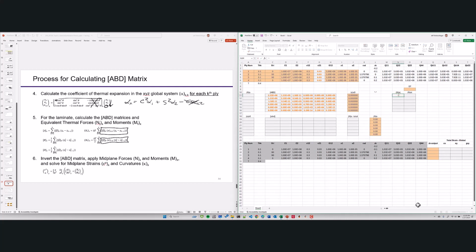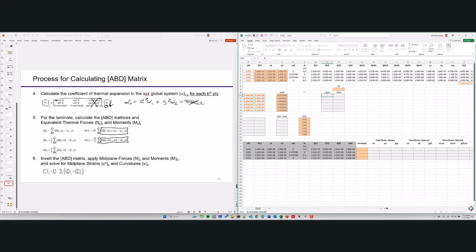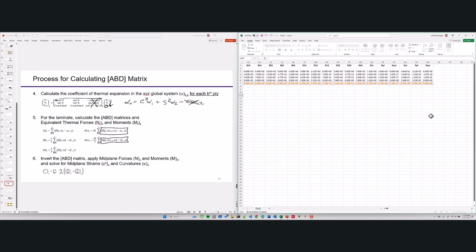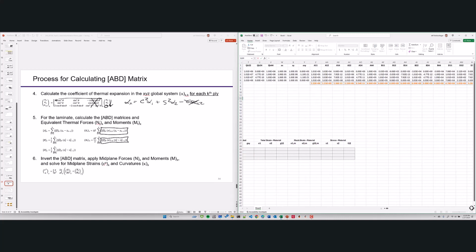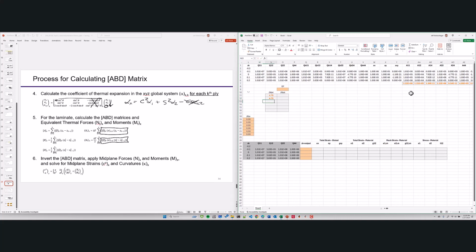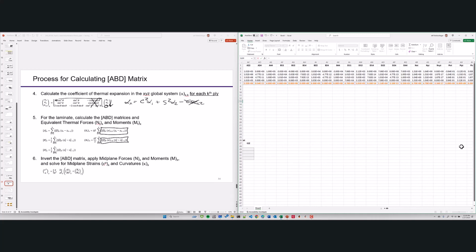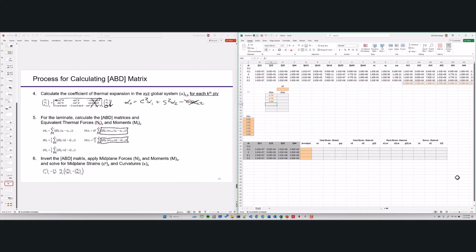So here's my nxt. I'm going to pick it, nxt there. And then this is nyt. There's nyt, and then equals nxyt, my equivalent shearing force, and then my moments.